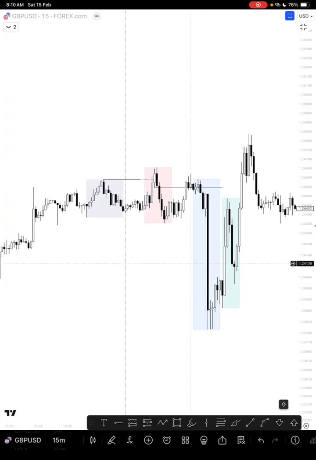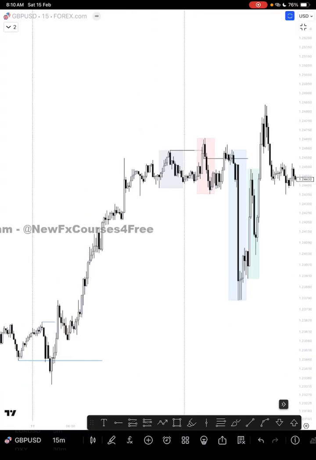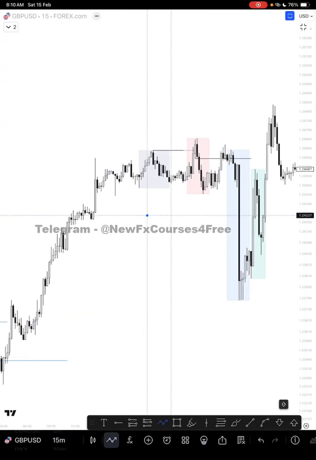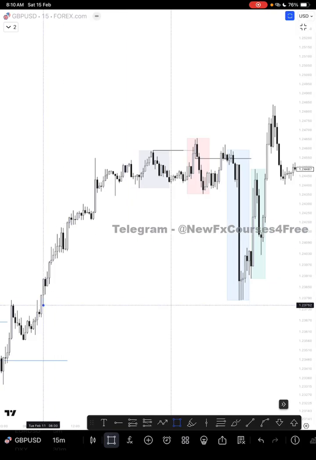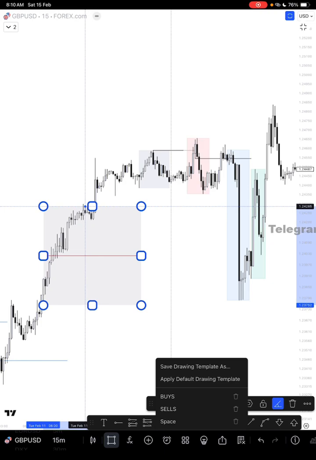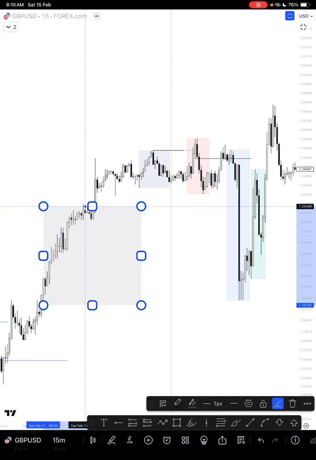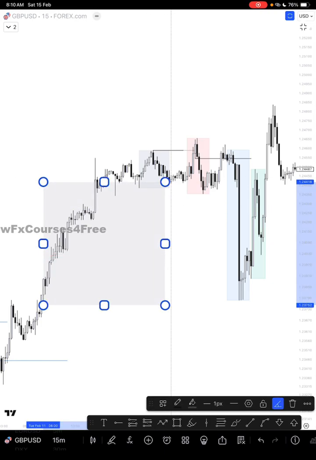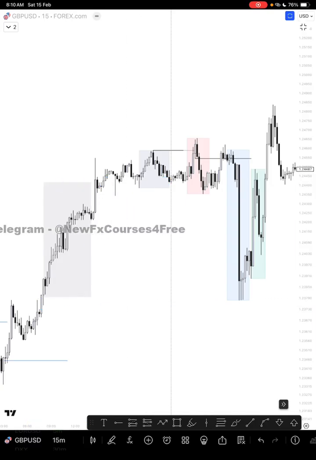And so New York opens, retracement into this order block, expansion lower, to clear out all this liquidity void over here. All these are liquidity voids and dipping into a key level as well.